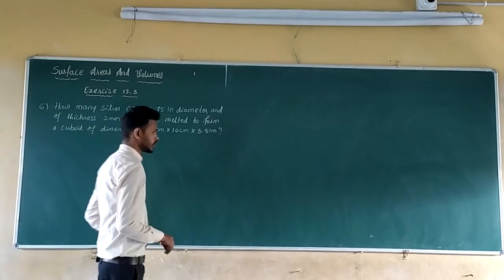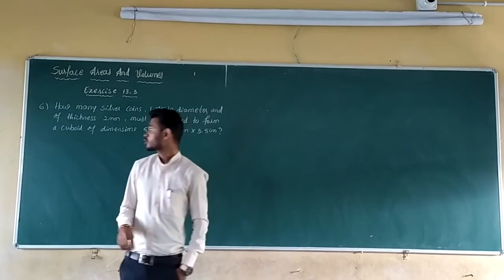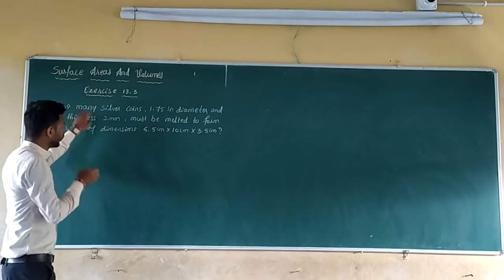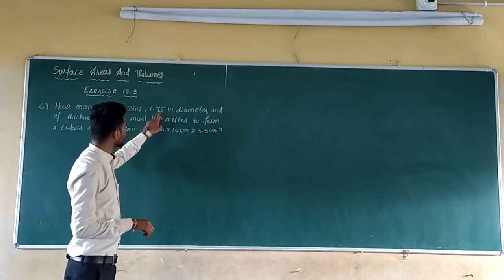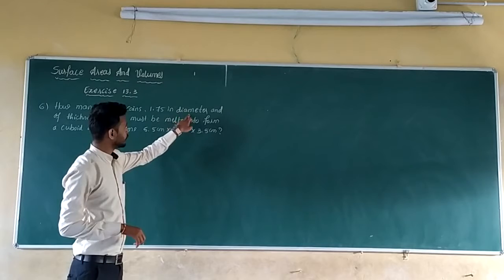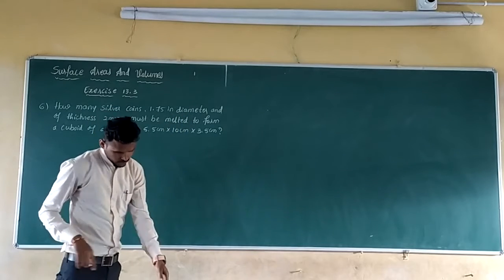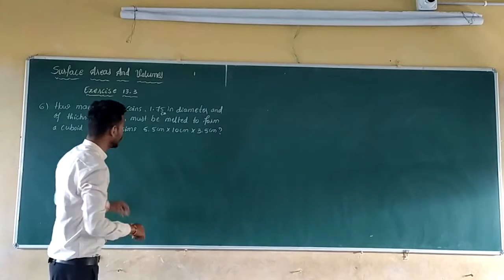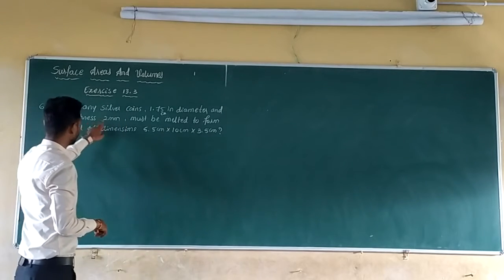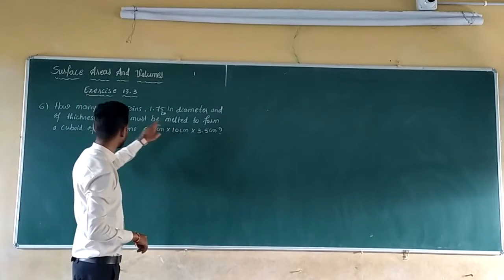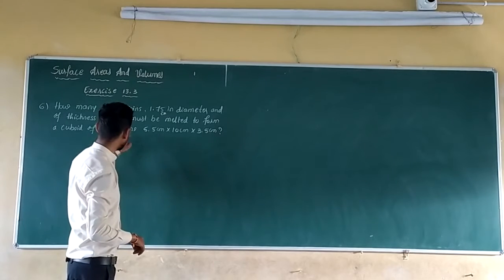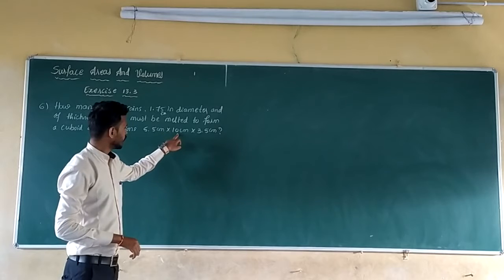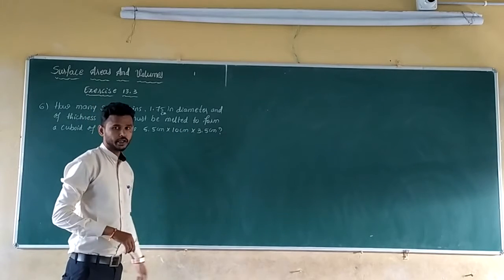In that exercise 13.3, let us see the next question, the sixth one. How many silver coins, 1.75 centimeter in diameter and of thickness 2 millimeter, must be melted to form a cuboid of dimensions 5.5 centimeter into 10 centimeter into 3.5 centimeter?